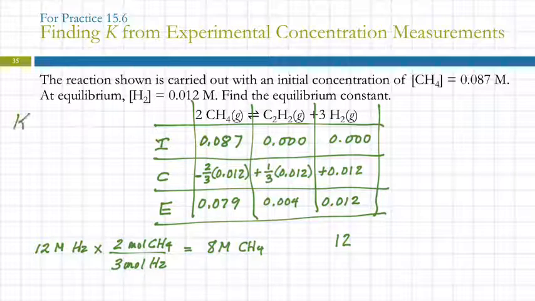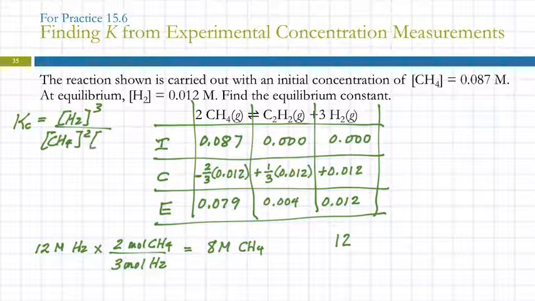We're going to write out the equilibrium constant expression. H2 squared, CH4. That's not squared, it's cubed. This one's squared, and this one's on the top. Oh, sorry, this is a little backwards.